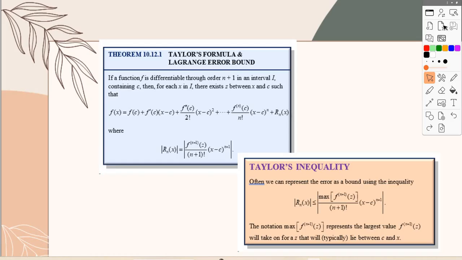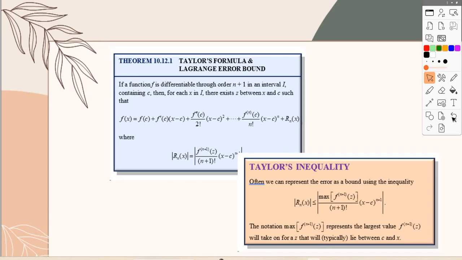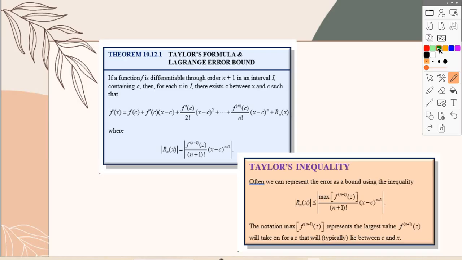Notice that this first part here would be my Taylor polynomial expansion. And then this ending part at the end is my remainder. Are we all with me then?